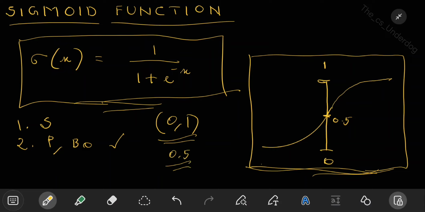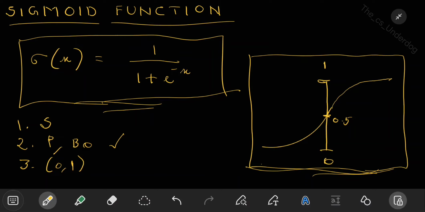All these are satisfied by the sigmoid function. It gradually increases from 0 to 1, which is really helpful for finding probabilities. The next thing, as we already discussed, is that the output will always stay between 0 and 1, and restricting it helps us treat it as a probability.